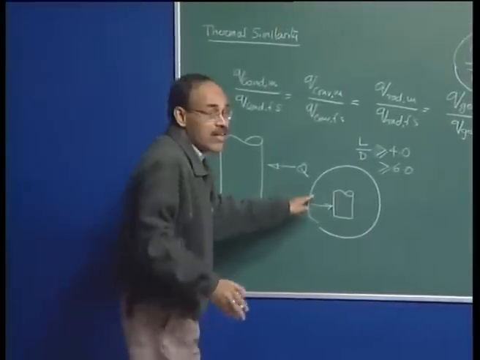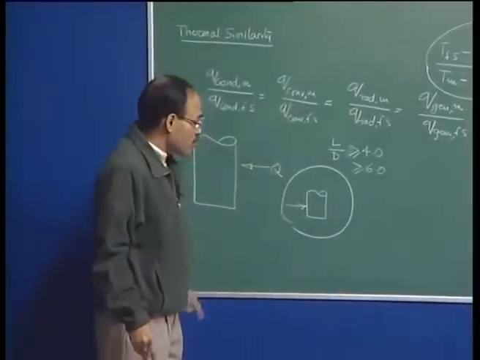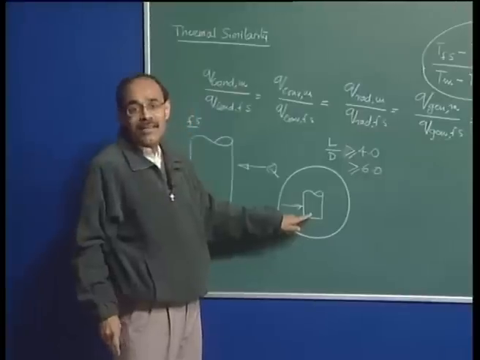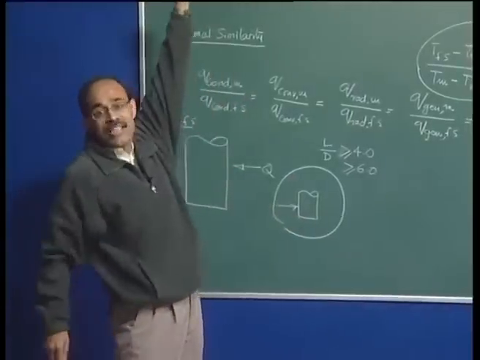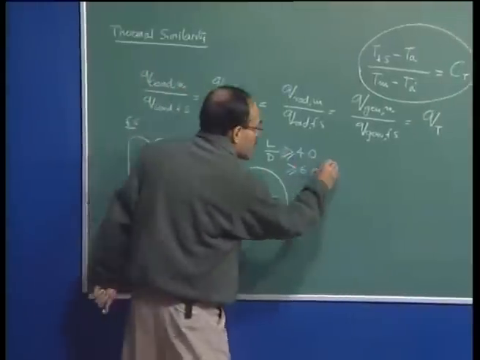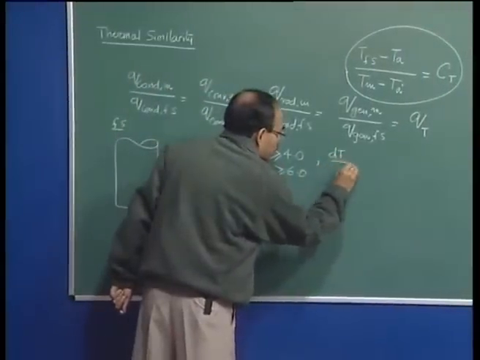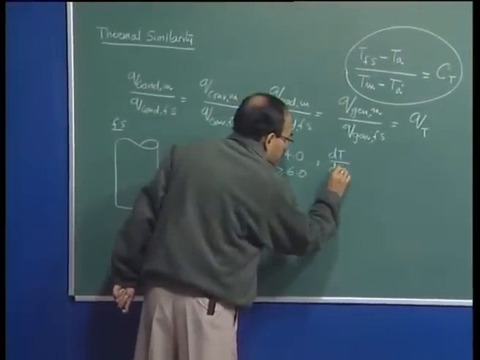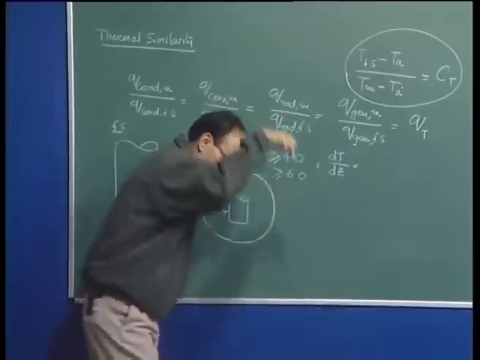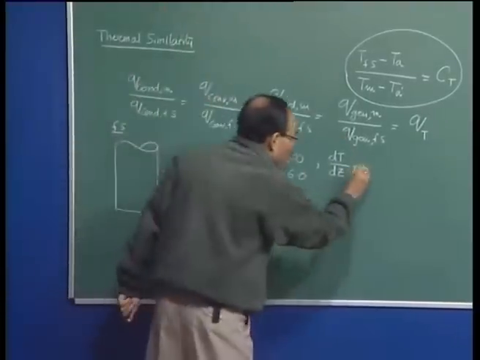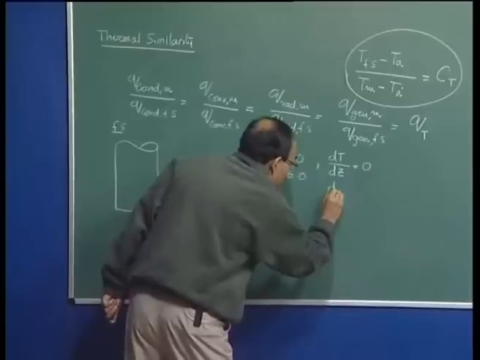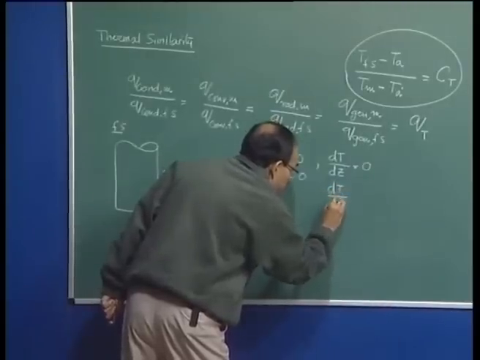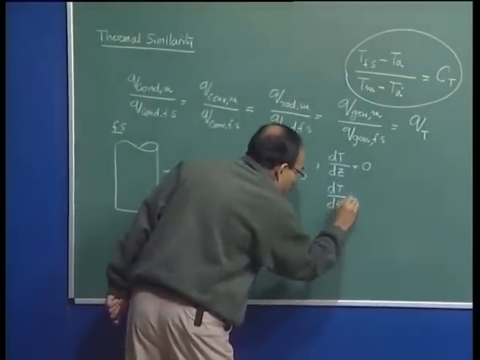It is enclosed in a furnace, so it is exposed to the same surroundings. So there is a theta symmetry, and it is infinitely long, and the consequence of infinitely long is, if z represents this direction, then the derivative with respect to z is going to be equal to 0, and the axial symmetry is this, that the derivative with respect to theta is equal to 0.